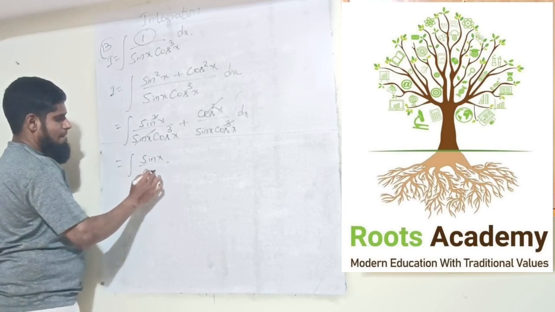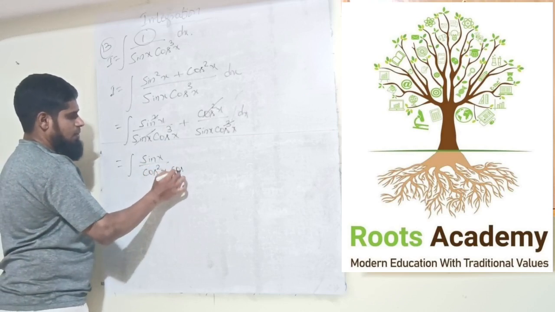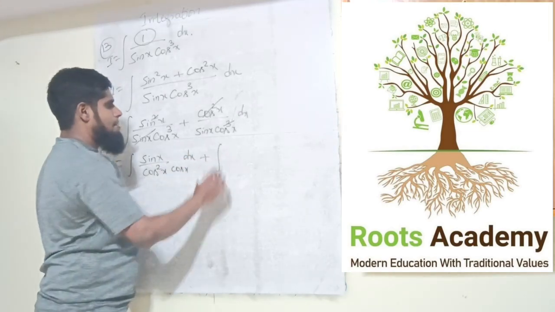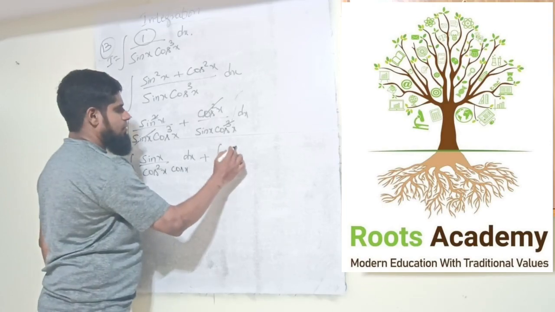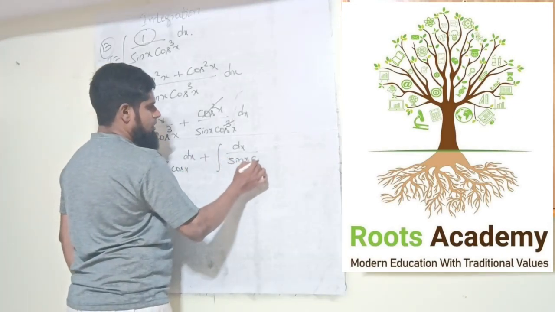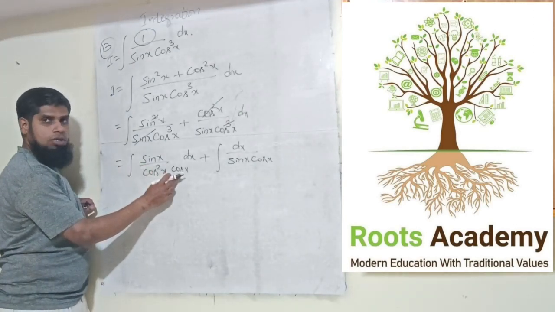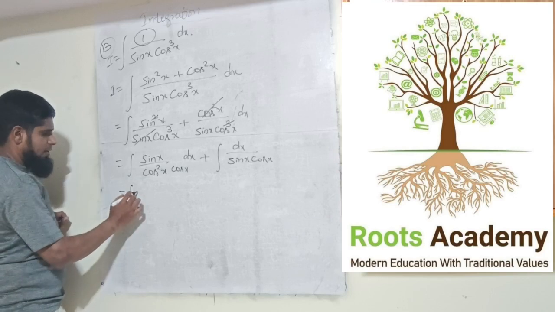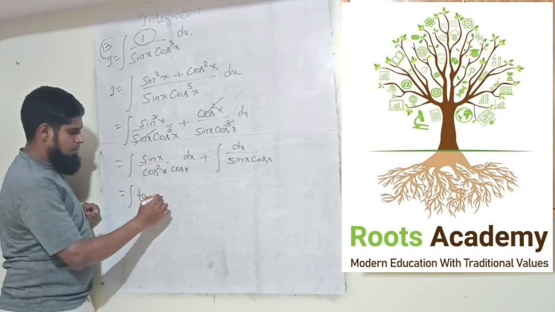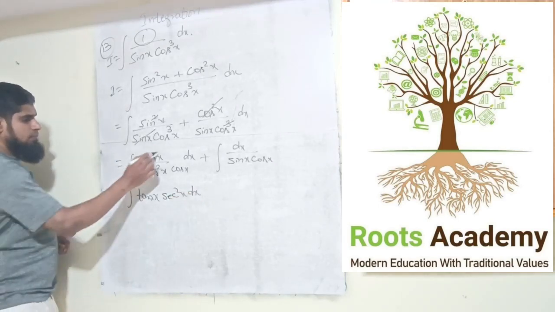It is sin x by cos cube x, which can be written as cos square x into cos x, dx, plus integral dx divided by, we have here, sin x into cos x. Okay. Now students, here sin by cos is tan. Integration of tan x, 1 by cos square is secant square x dx.